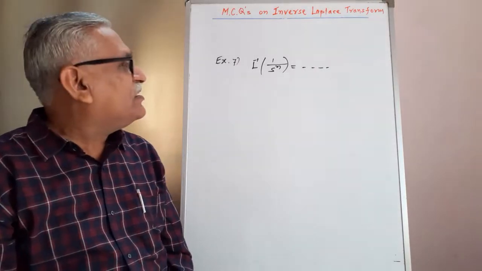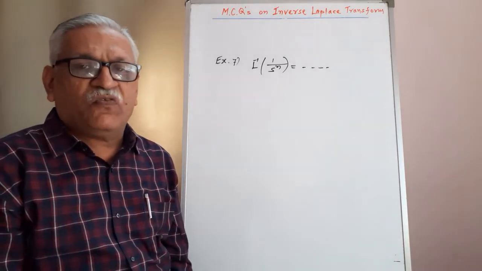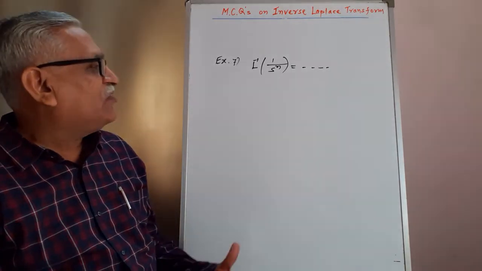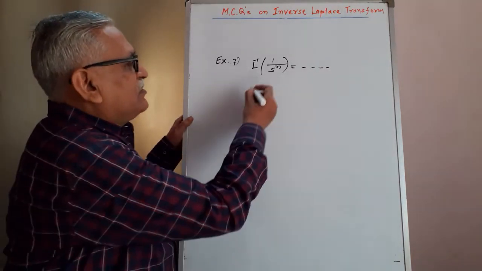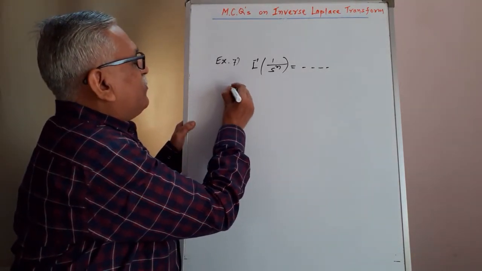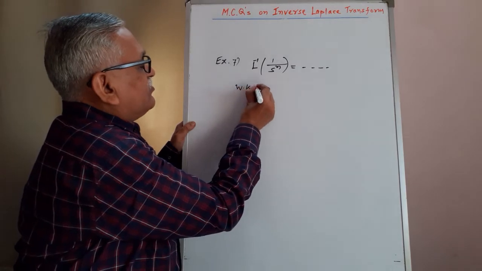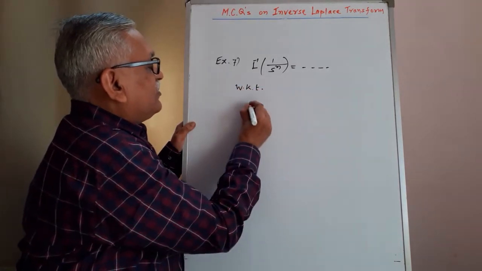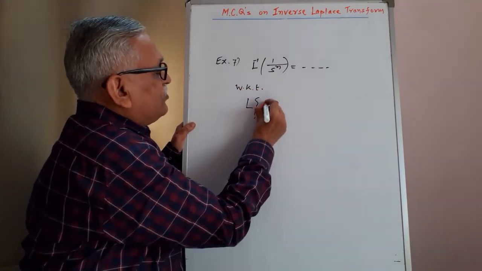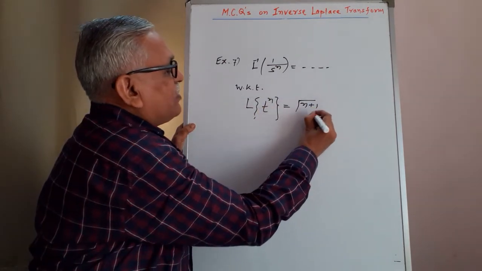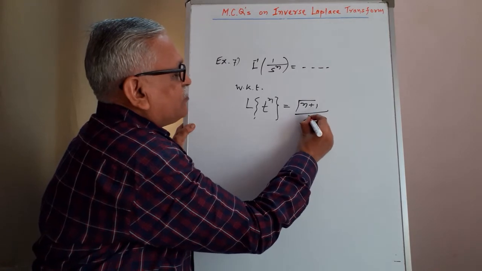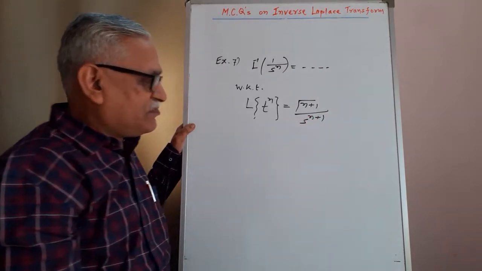Example number 7. Find inverse Laplace of 1 by s to the n where n is not a positive integer. To find it, we know that Laplace of t raised to n minus 1 is gamma n divided by s to the n.